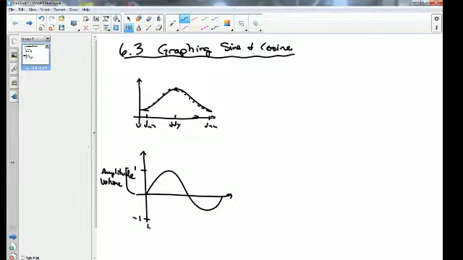This here is the wavelength. Some people call this 1 cycle.